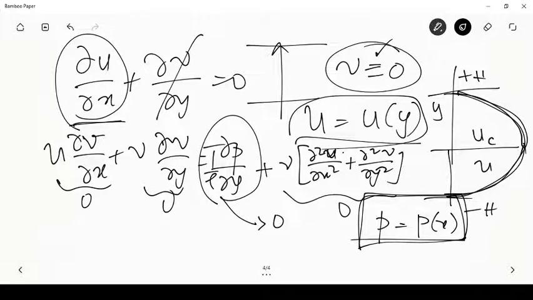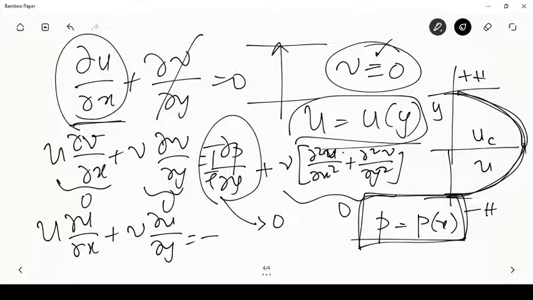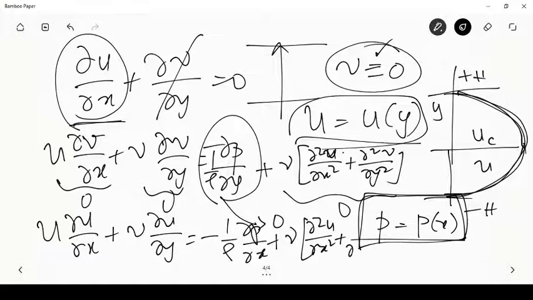Okay, so now the third equation, which is the x momentum equation, will be u del u by del x plus v del u by del y is equal to minus 1 by rho del p by del x plus nu times del squared u by del x squared plus del squared u by del y squared.